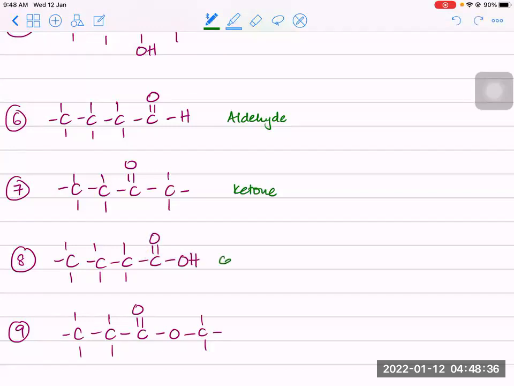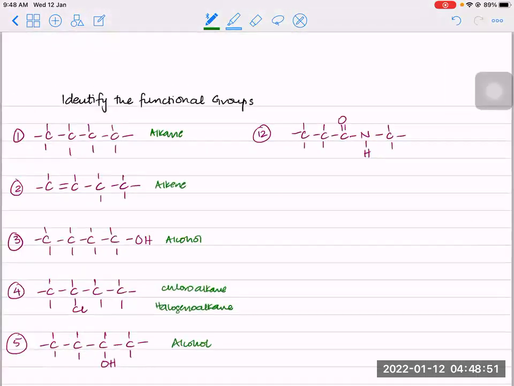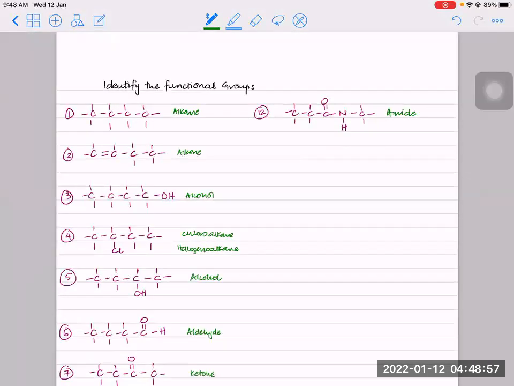So this right here is what? Carboxylic acid. You have a C double bond O with a single bond O. So this right here is what? Ester linkage. Then you have this right here. This is the amide linkage. Is this clear? Any questions?